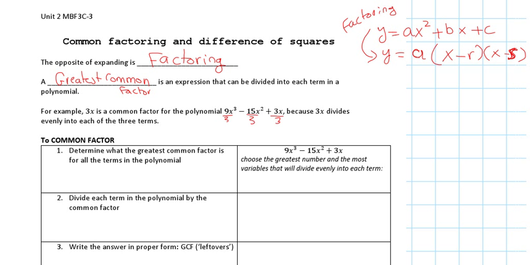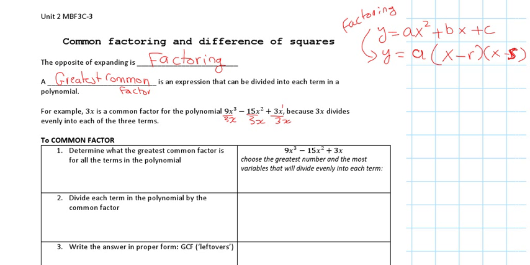So your greatest common factor is also the letter x, with exponents 3, 2, and 1. That means you're going to have a greatest common factor of 3x, because each term can be divided by 3x. Does that make sense, how you find your greatest common factor?